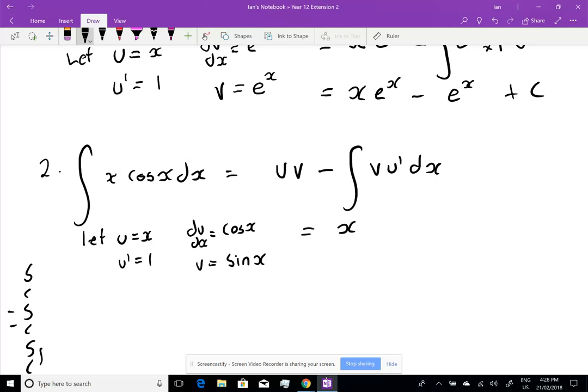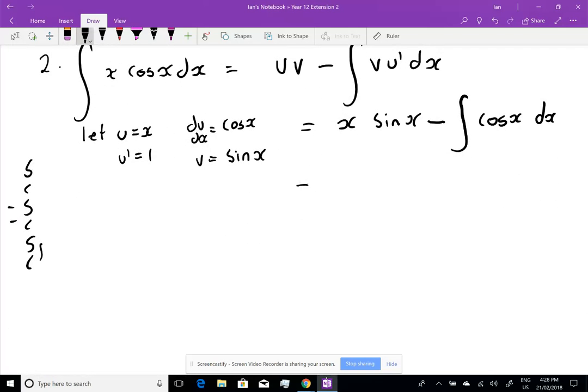What's my v? sine x, minus the integral of cos x times 1. That's just cos x. So this is easy. x sine x, and the integral of cos x, well, we just did that, minus sine x plus some constant.